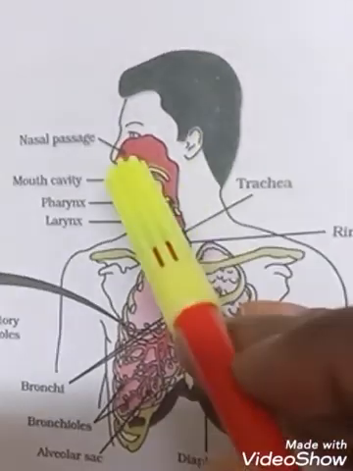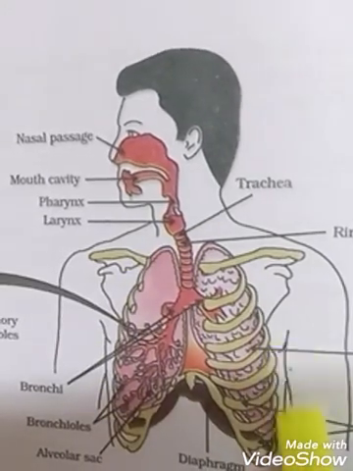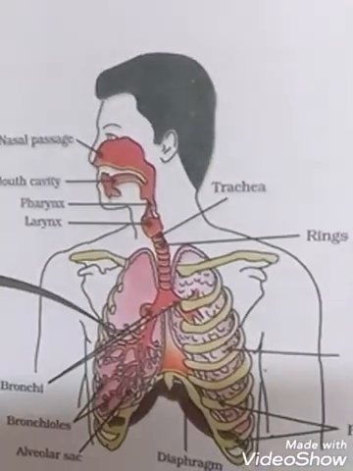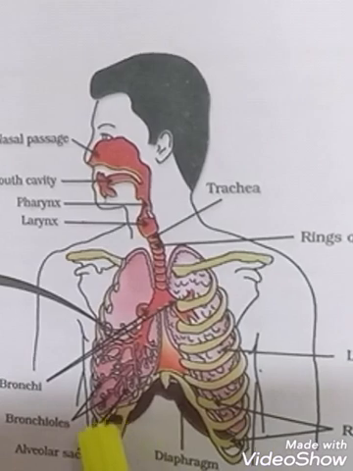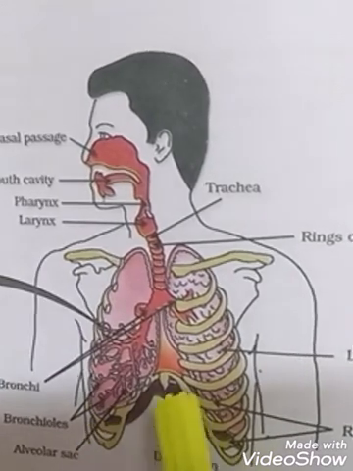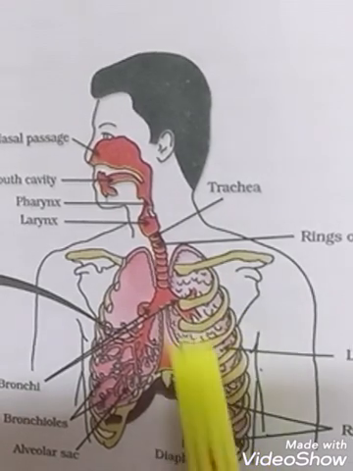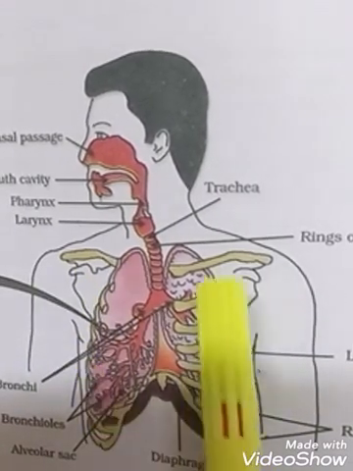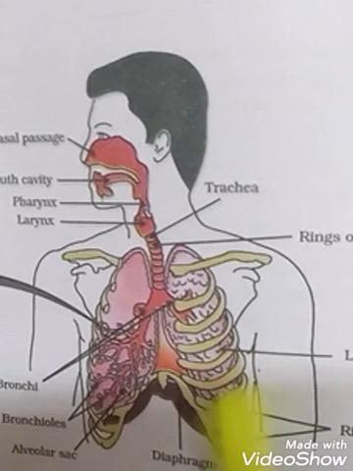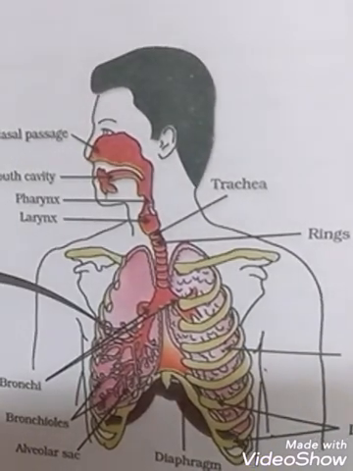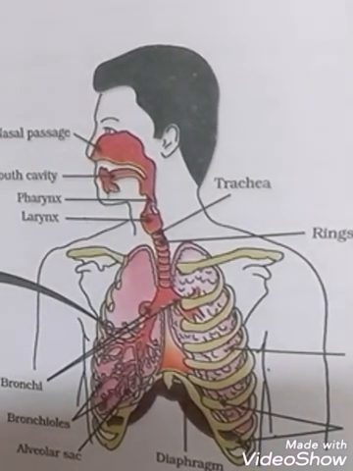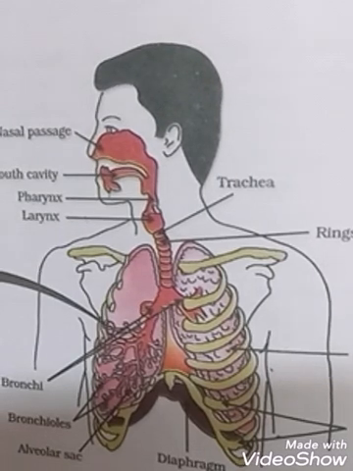Now when the air has to go in, the size of the chest cavity has to increase. So we will increase the size of the chest cavity. The diaphragm will distend down, and the intercostal muscles that are present in between the ribs, they will also act here so that the chest cavity becomes larger.